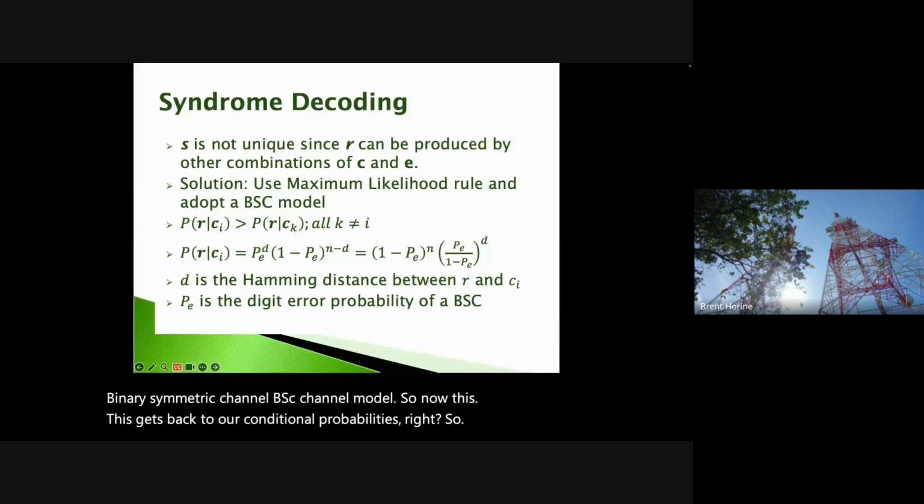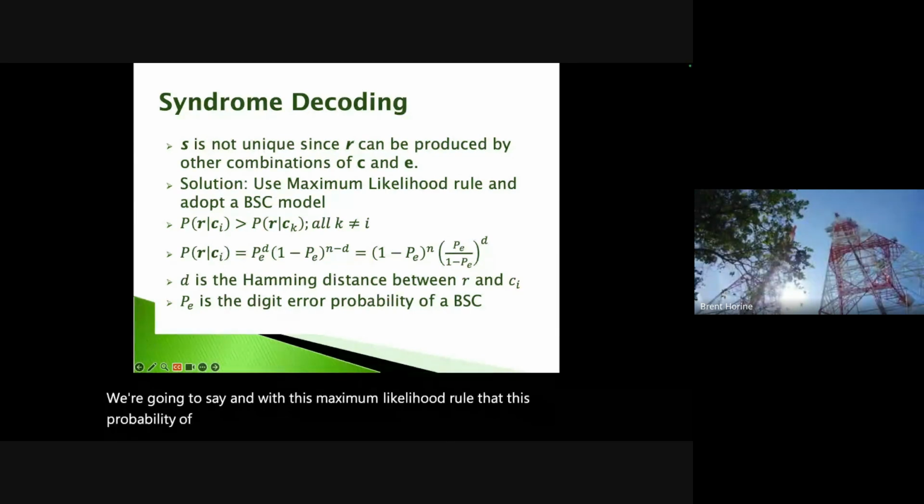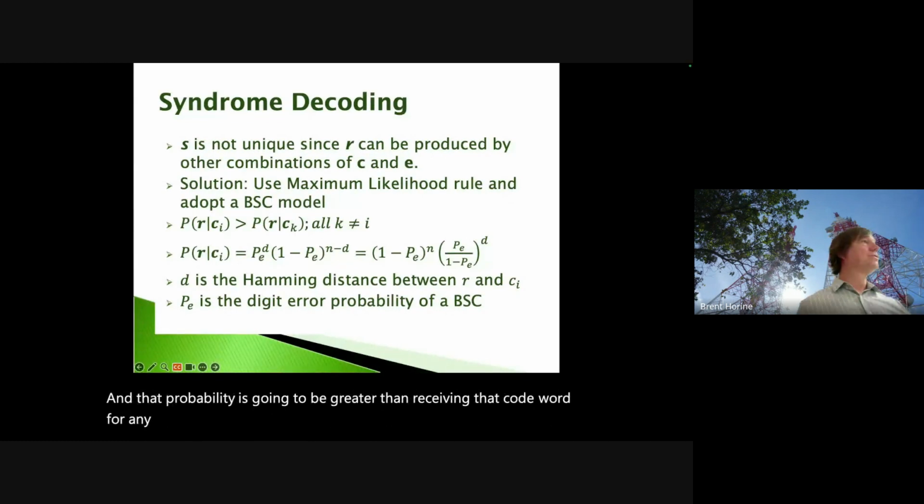With this maximum likelihood rule, the probability of receiving R, given that some code word C sub i was transmitted, is going to be greater than the probability of receiving that code word for any other transmitted code word.